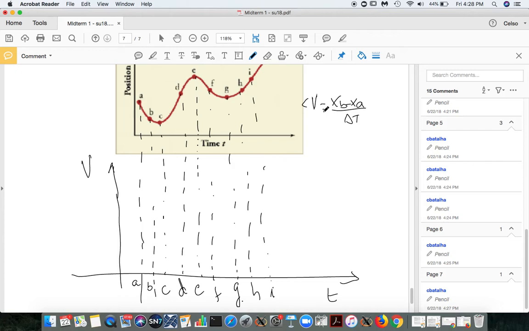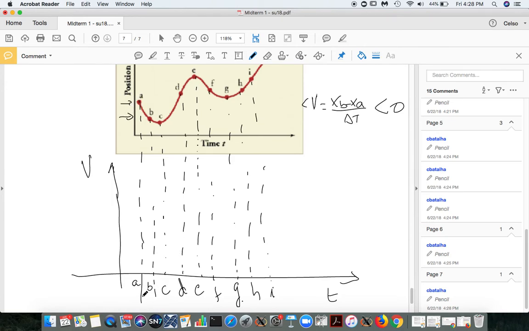But the average velocity in that segment is going to be a negative quantity because xb is less than xa.